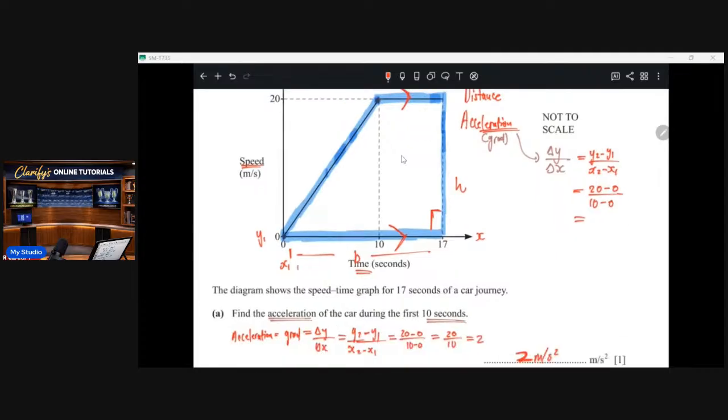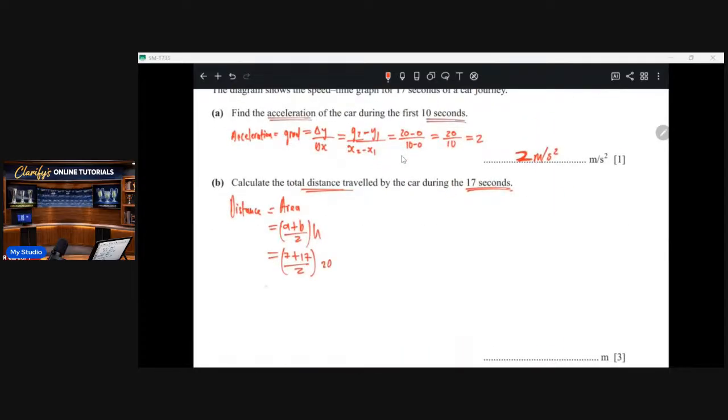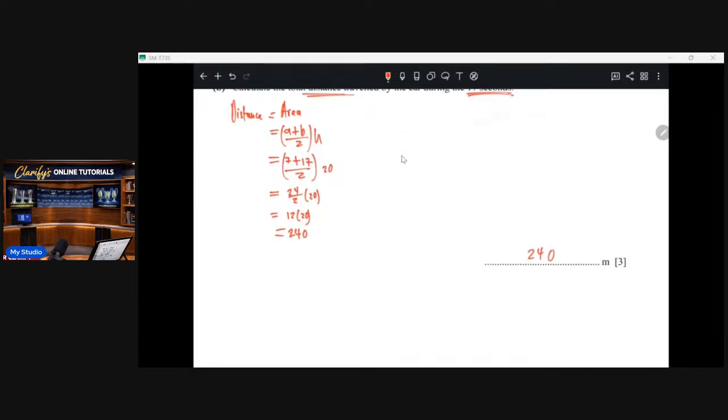Height is from 0 to 20, so you multiply by 20. This becomes 24 over 2 by 20, which is 12 by 20. What is 12 by 20, everybody? 240 meters. So anyway, you get your 3 marks and you move on.